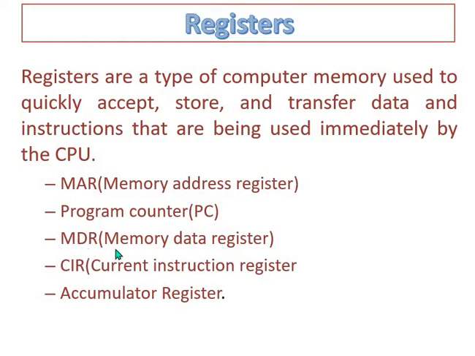The memory data register, of course, gets the data from the memory, and then the data and instruction are transferred into the current instruction register, and further the results of all these instructions will be stored in the accumulator register.